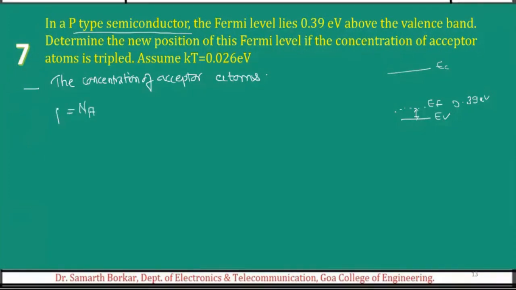This is equal to P. From the charge densities in semiconductors, we concluded that the value of N is equal to the number of donor atoms. Likewise, we can write P equals Na, but we already derived what P is. It is the effective density of states into e raised to minus of EF minus EV by KT.